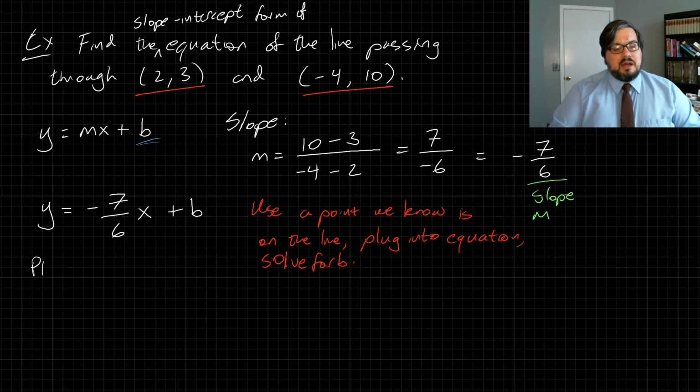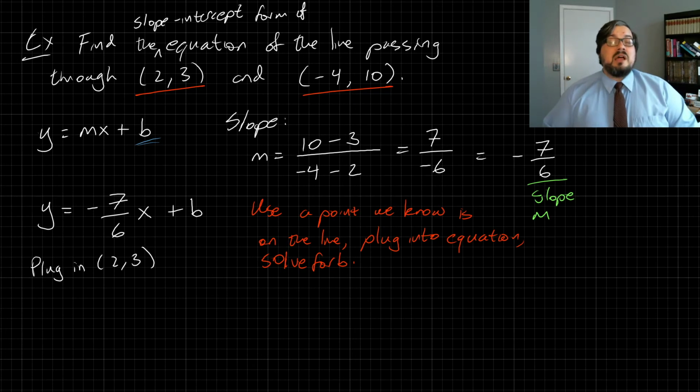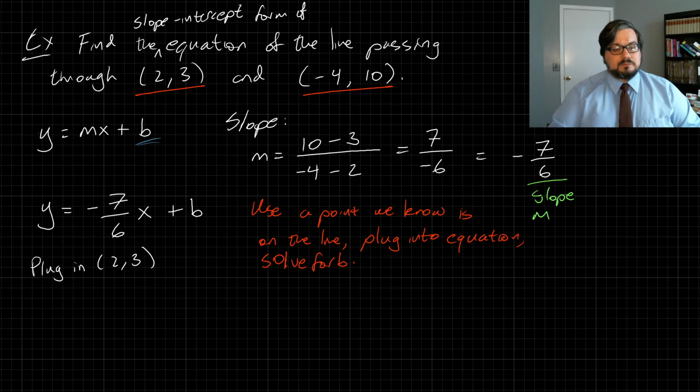So I'm going to choose to plug in (2, 3). You could plug in either one of these and they would both work and give you the same answer, in fact. So if we plug in (2, 3), we'll get 3 is equal to -7/6 times 2 plus b. And now we're going to solve for b.